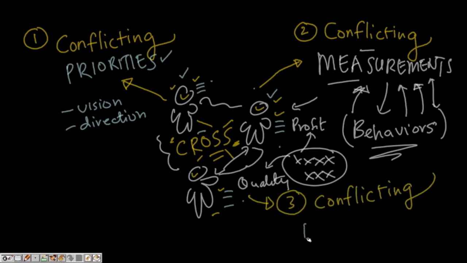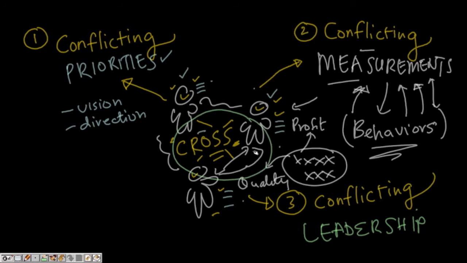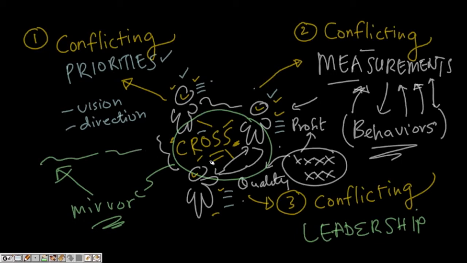The third situation is something a little bit closer home. It has to do with conflicting leadership. Let me explain. Whatever happens as a cross-functional strife at the departmental level, at times it is a mirror of what is going on at a higher level.